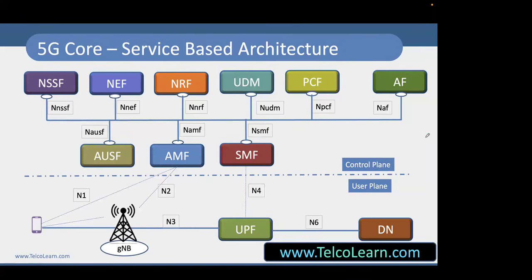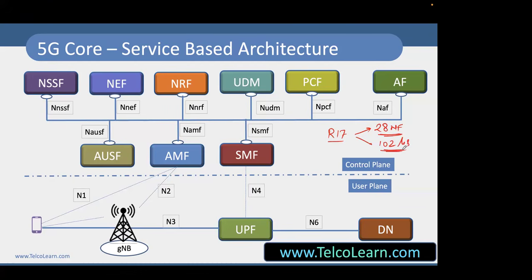However, even this picture is not a complete picture. Release 17 has up to 28 network functions with 102 microservices. That means these 28 network functions provide up to 102 microservices.